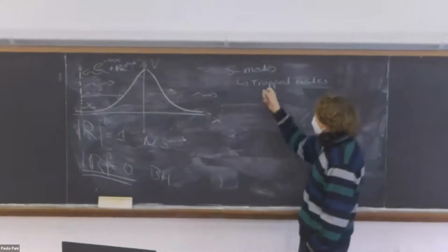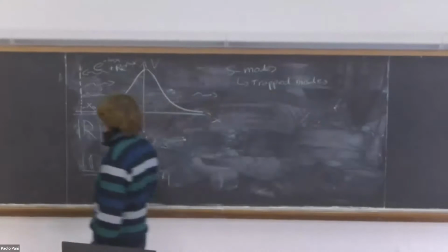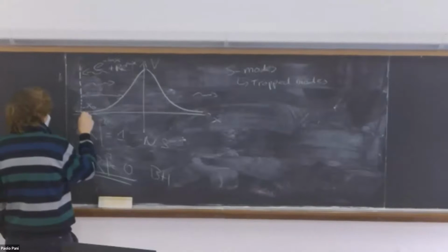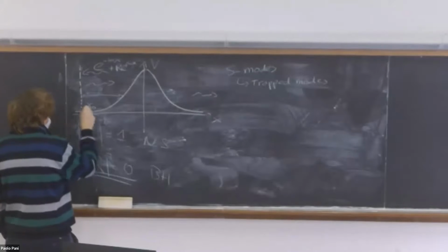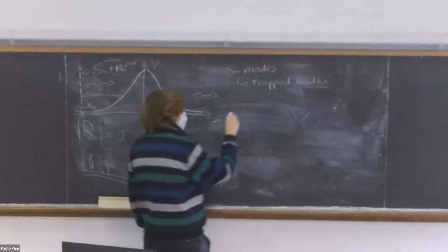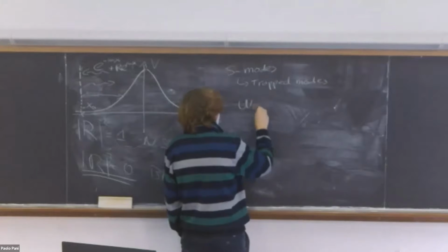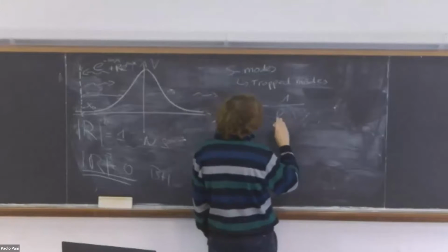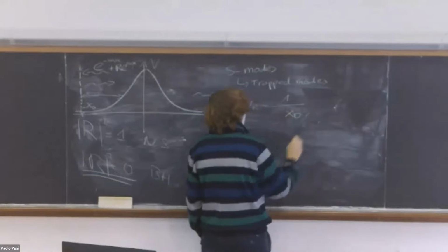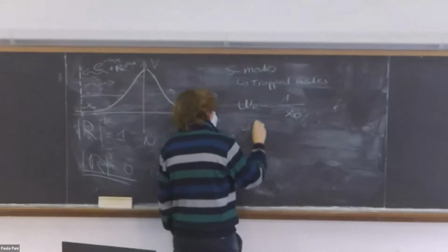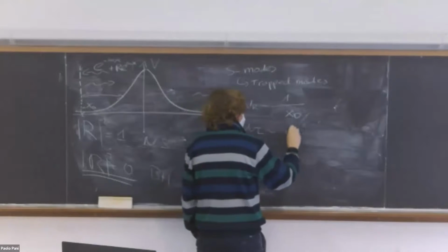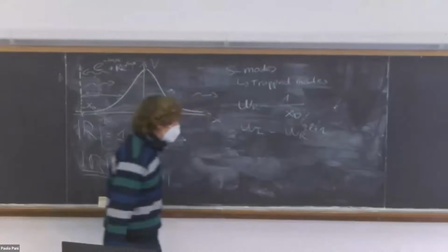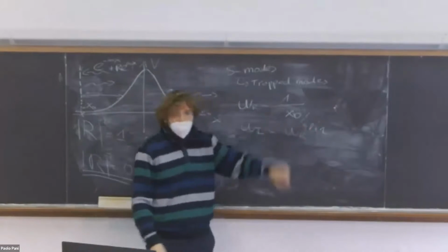What happens is that these trapped modes, if I call this x naught, the real part of this mode, if I'm not wrong, goes like 1 over x naught, and the imaginary part goes like, well, this might be wrong, but it doesn't matter really, some power of omega.